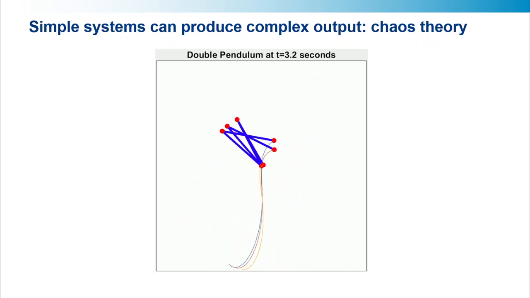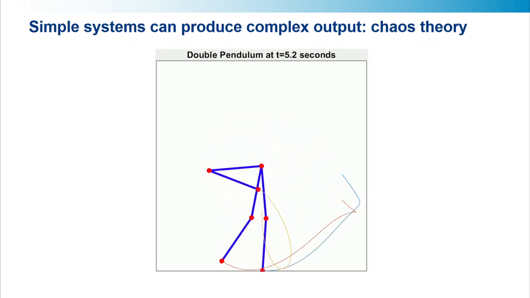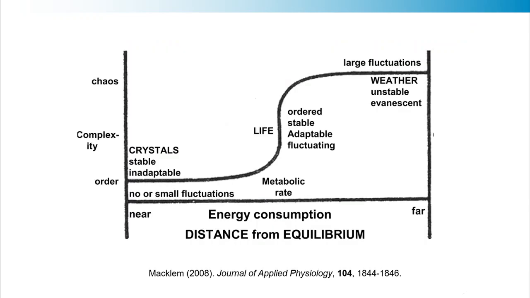But hang on a minute, why is any of this of any interest to biology? We've already seen the heart rate traces I presented earlier, but there was a really influential paper written by Peter Macklem back in 2008, and it's well worth reading. It was looking at emergent phenomena and the secrets of life. And Macklem's central thesis was that life can only occur in a phase transition between order and chaos.